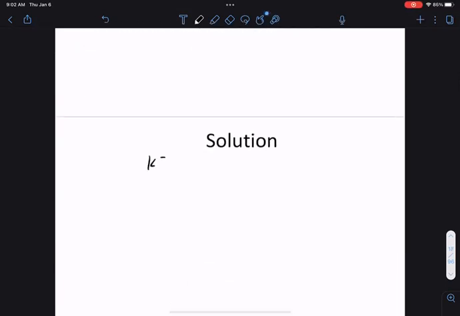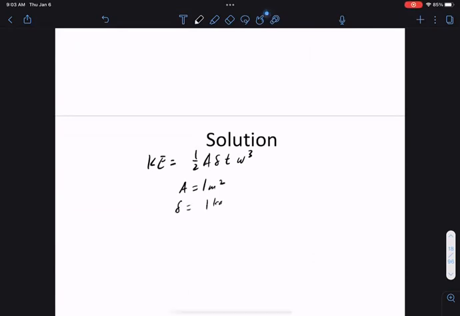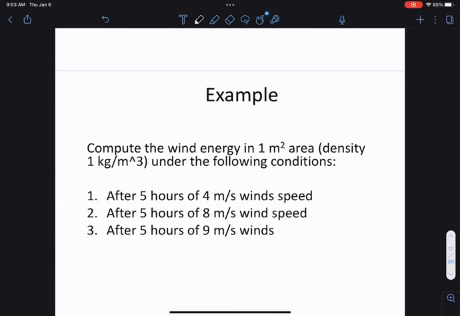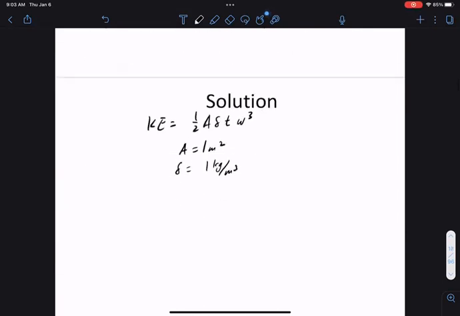The equation again is very simple: one half A delta T speed cubed. We know A is 1 meter squared, and the density is 1 kilogram per meter cubed. These are given in the problem. So let's see how much energy we can capture.